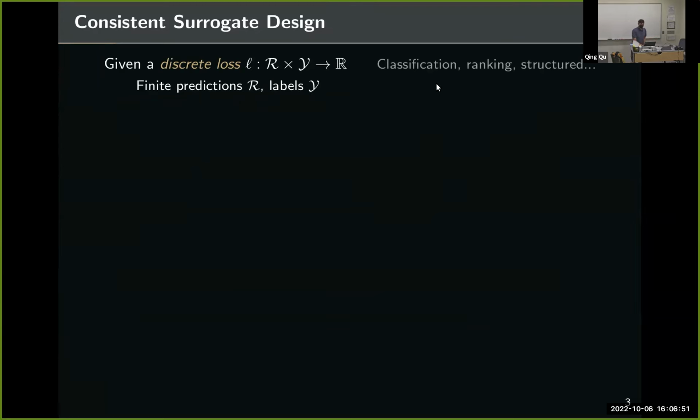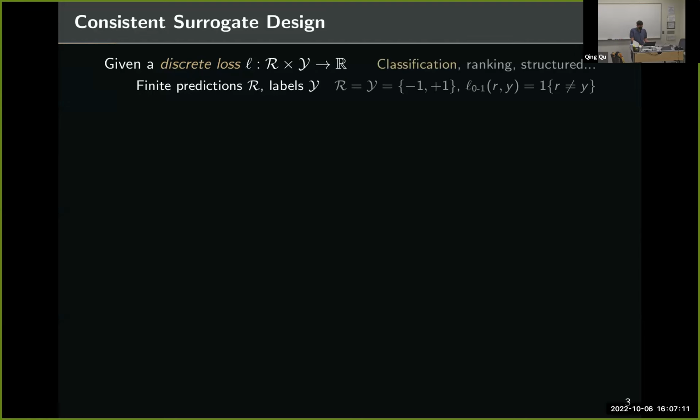Things like classification problems, ranking, and structured prediction problems are all cases where there's a finite set of labels and a finite set of predictions that you want to make. And so, you want to find a hypothesis that is a good hypothesis.